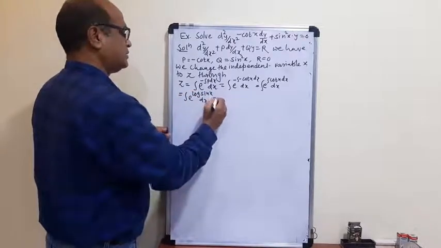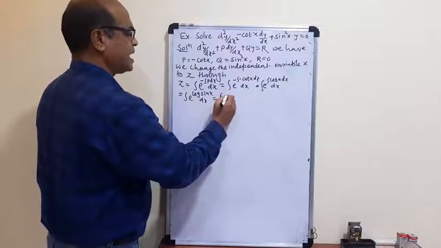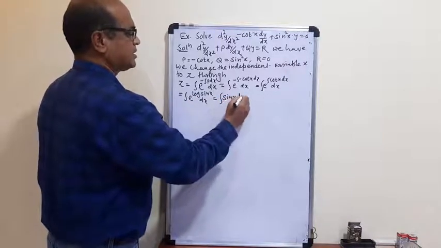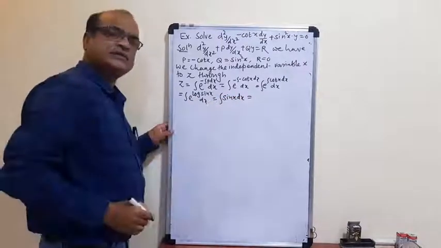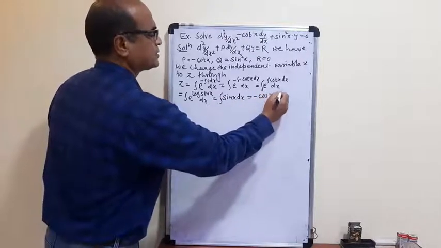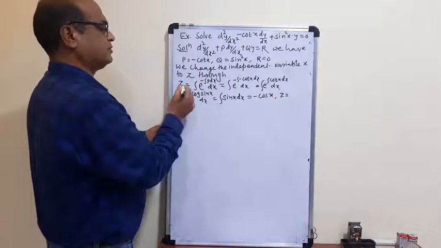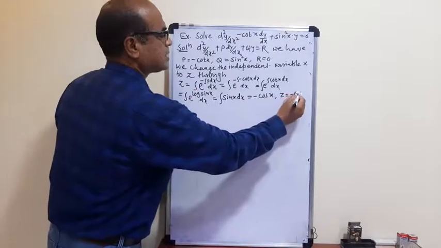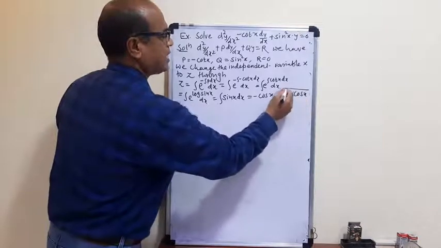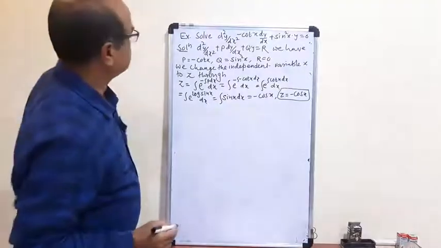So this is equal to, what is e raised to log of sin x? It is simply sin x dx. What is the integration of sin x? This is minus cos x. So therefore z is equal to minus cos x. Okay, so this is very important. z is equal to minus cos x.